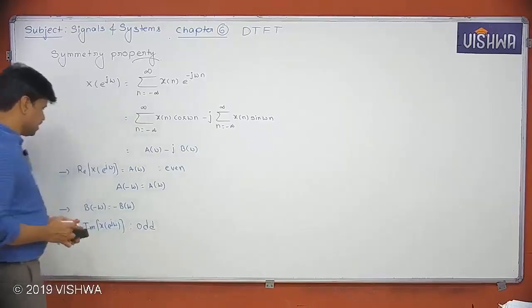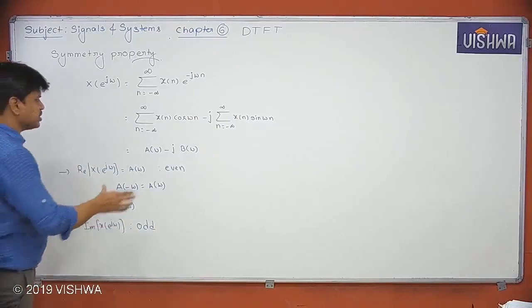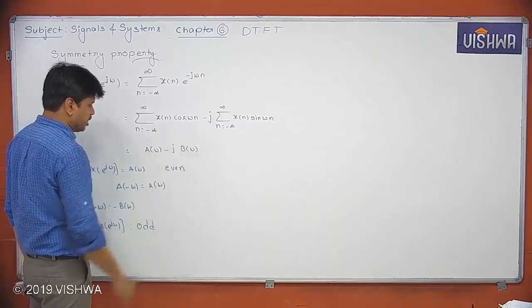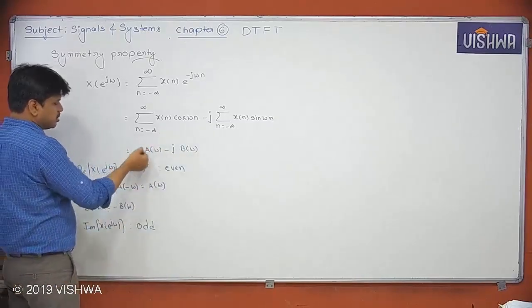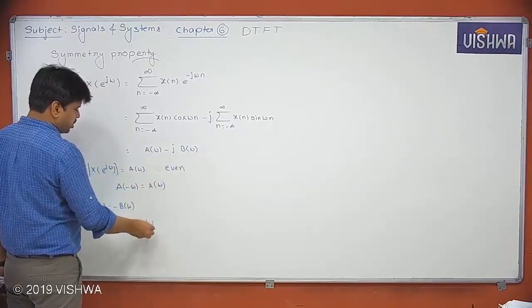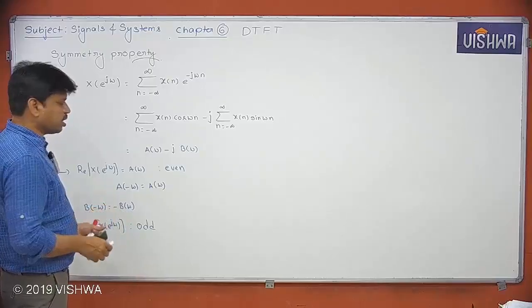So from this I can say X of e power j omega in general is a complex spectrum. That means it has a real part as well as an imaginary part. In this, the real part is an even function and the imaginary part is an odd function. So in general, this will exhibit conjugate symmetry.